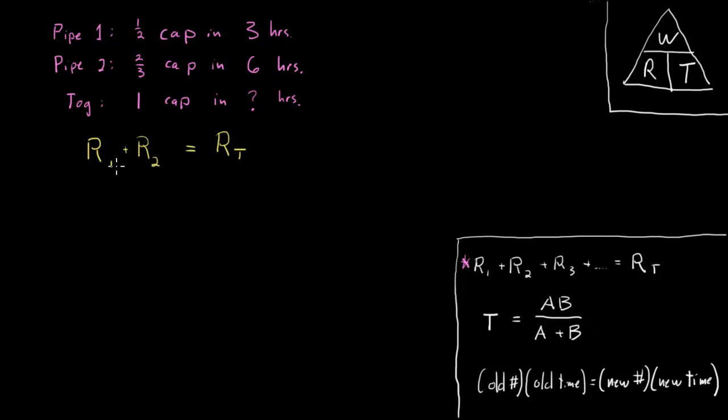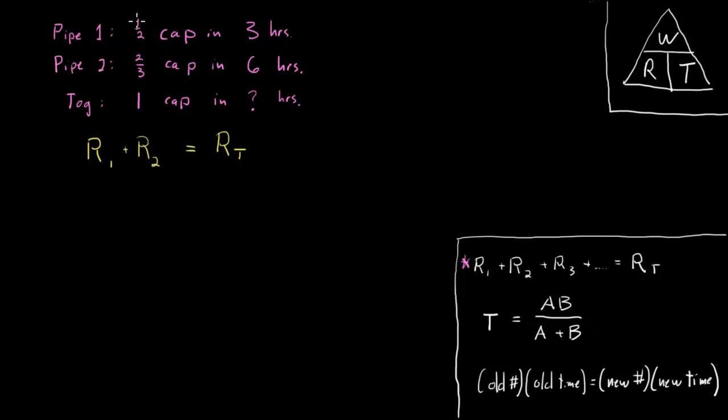So what is the rate of pipe 1? Well, if we're not quite sure, we can always look at our work rate time mnemonic over here, which states that the rate is W over T. The rate is work per time. And we have that information. Pipe 1 does half capacity.